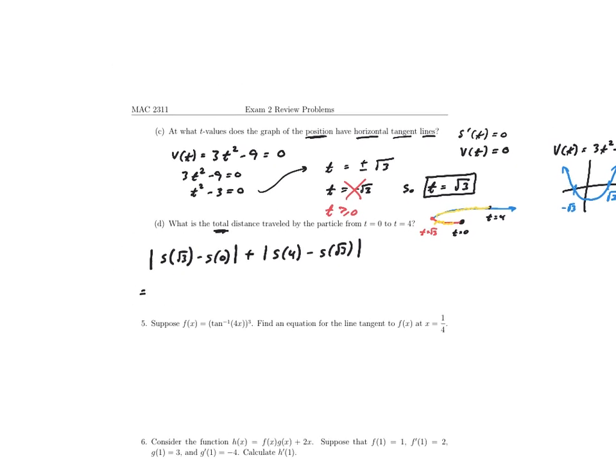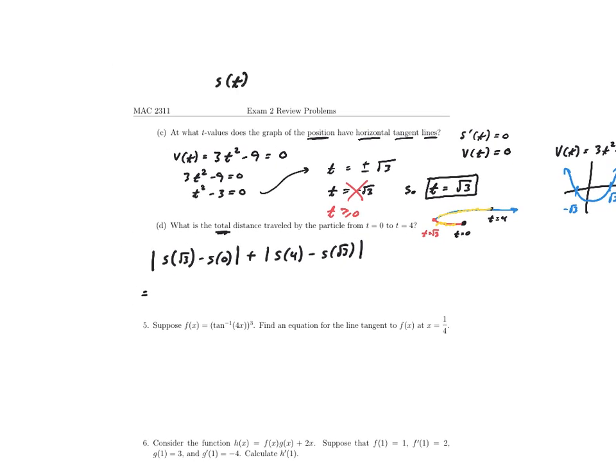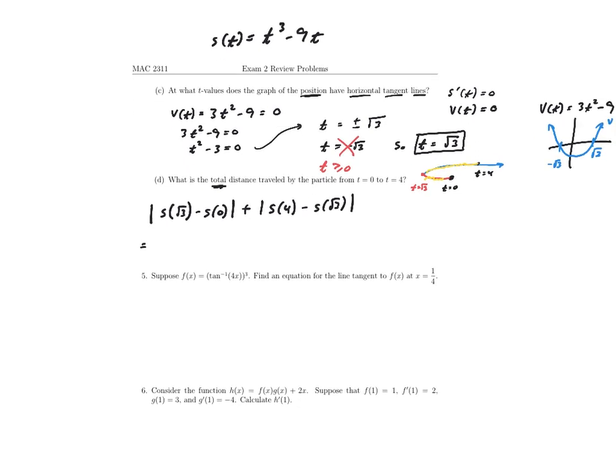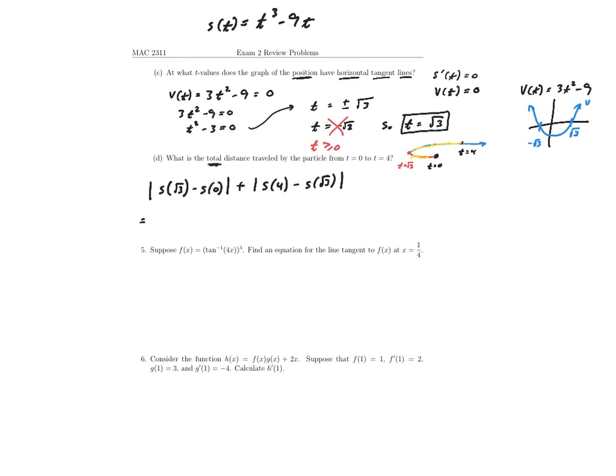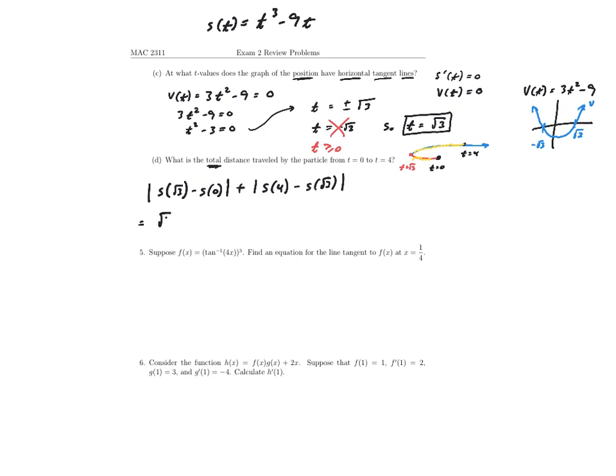Now remember, I've got to put this back in the original function, and the original function is equal to t cubed minus 9t. So that's going to be equal to the square root of 3 cubed minus 9 times the square root of 3. I'll put parentheses here. That's this first guy.